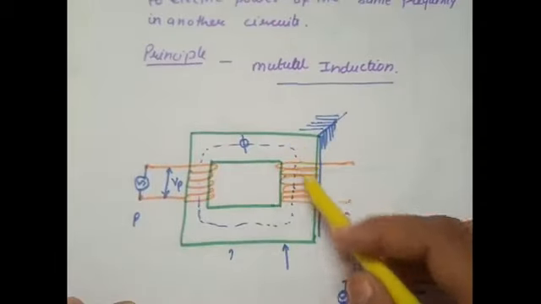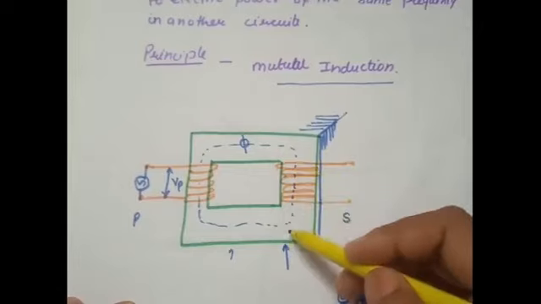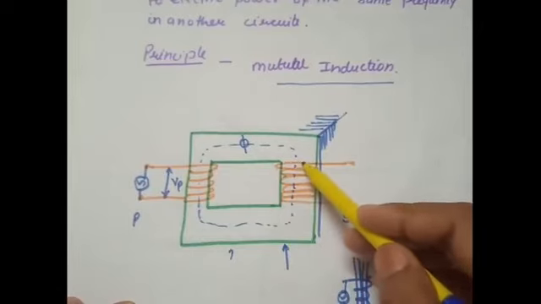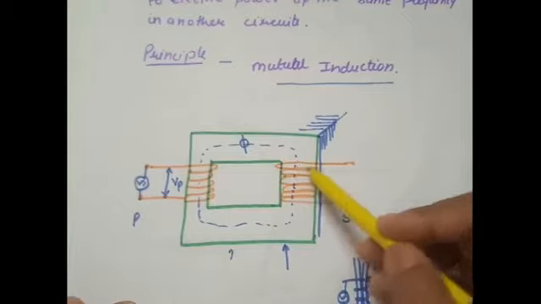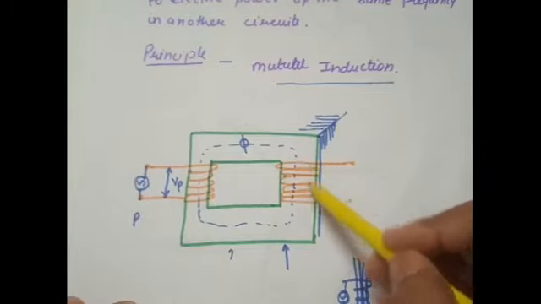Now this is the secondary coil. When the magnetic field lines pass through it, EMF will be generated at its ends, because the number of magnetic field lines linked with the secondary coil is different at the two ends.